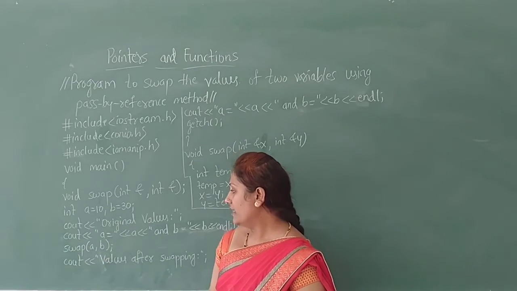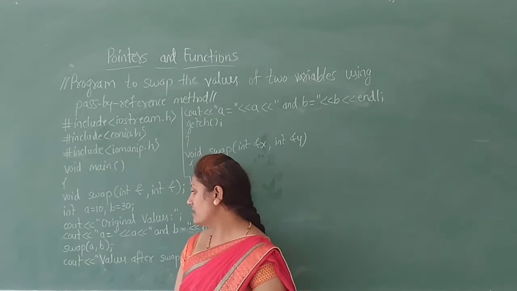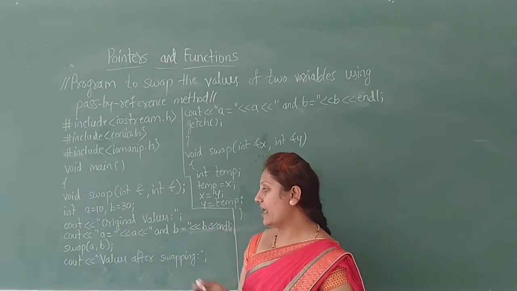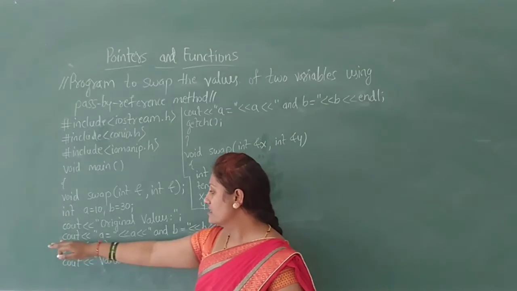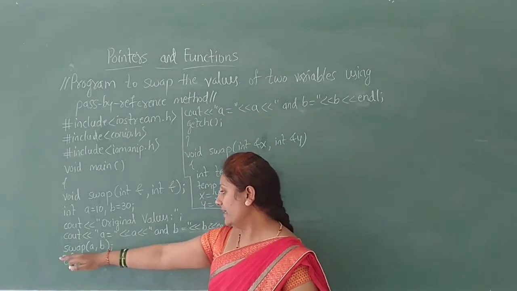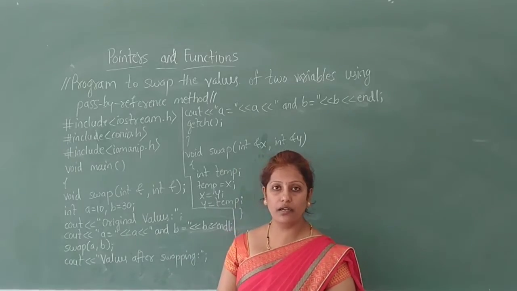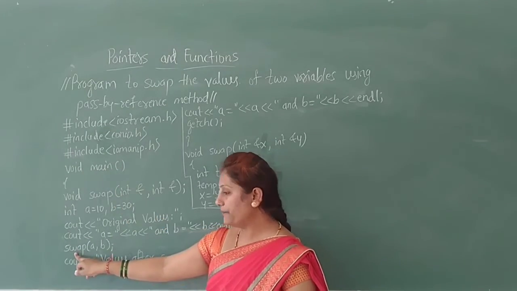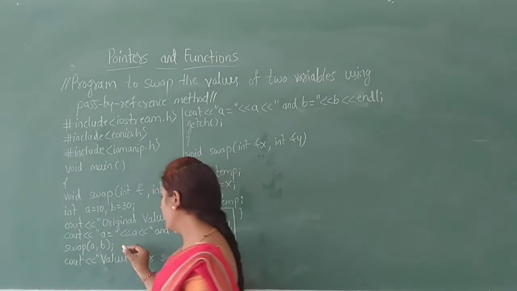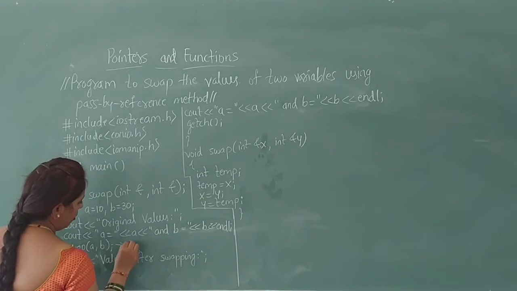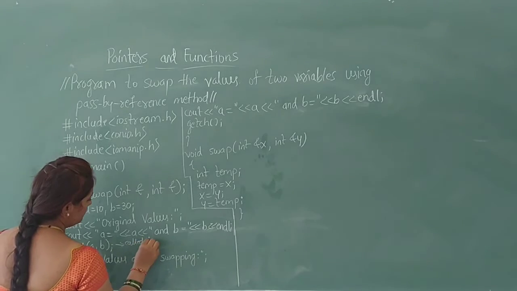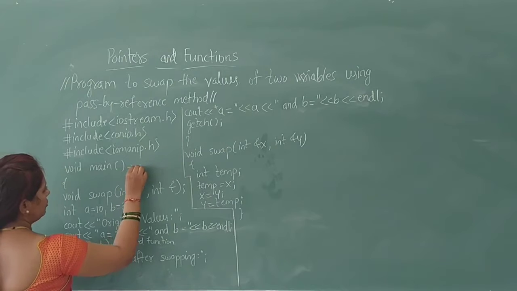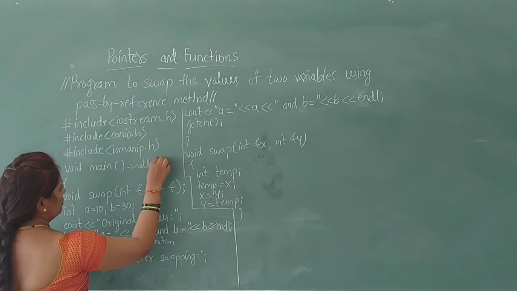Next, it contains the following statements: cout original values, and the a and b values are displayed using the cout statement. Next, the swap function is called from the calling function main.